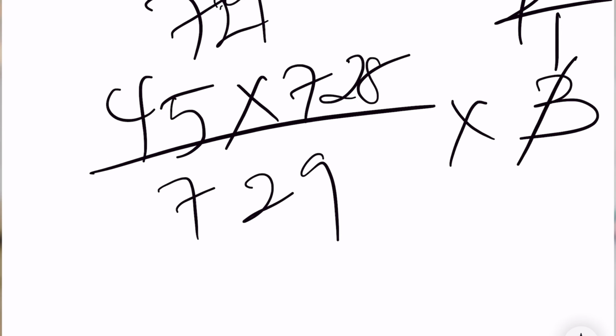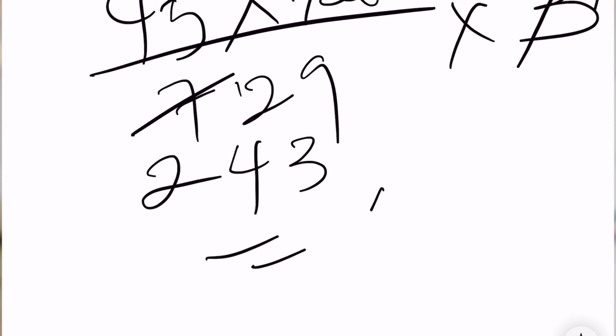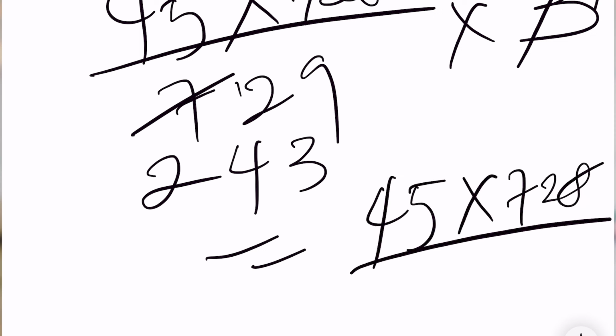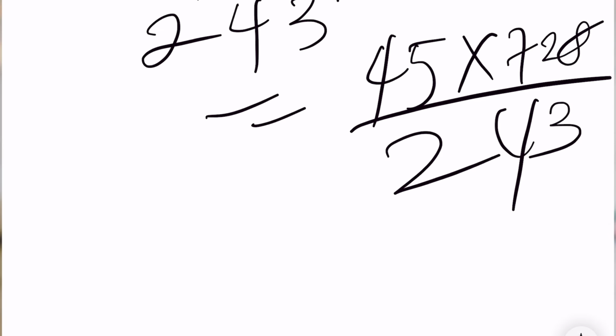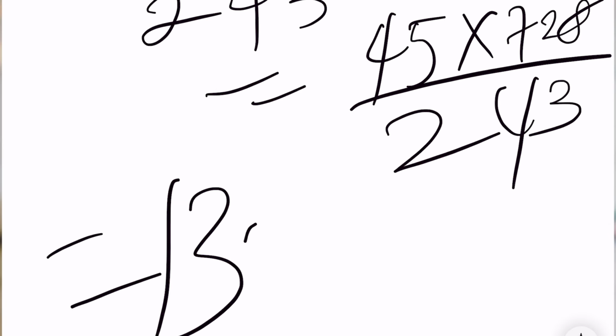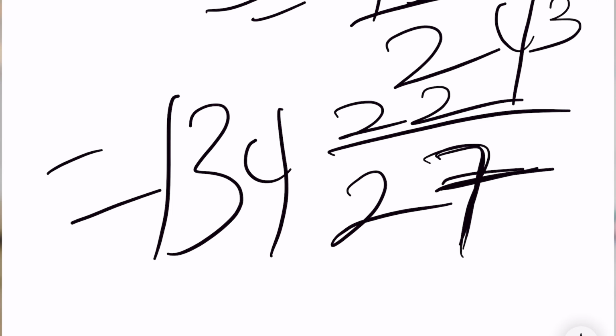We can cancel again, and we have 45 times 728 divided by 243. If we solve it in our calculator, we'll get 134 22 over 27. We get this answer since we have solved.